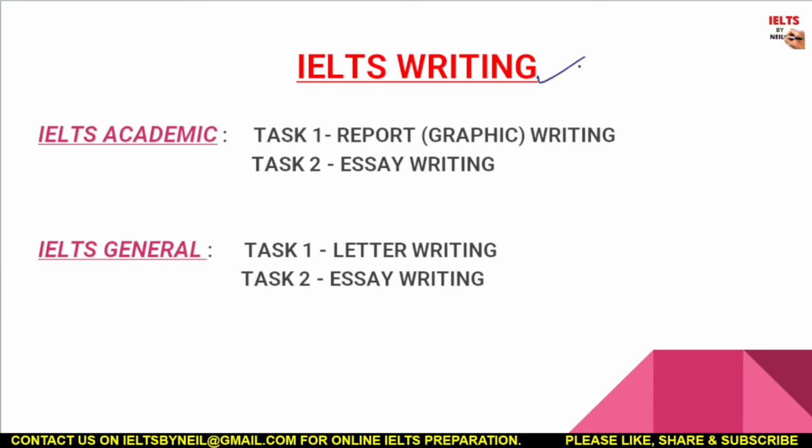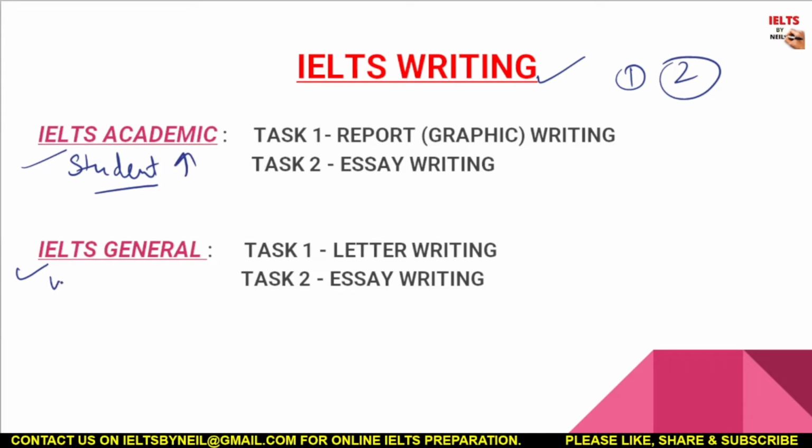So in IELTS writing, you have task 1 and task 2. As you all know, there are 2 types of IELTS: IELTS academic and IELTS general. IELTS academic, you have to take this exam if you are going for a student visa. If you're going for studies, then you should go for IELTS academic.